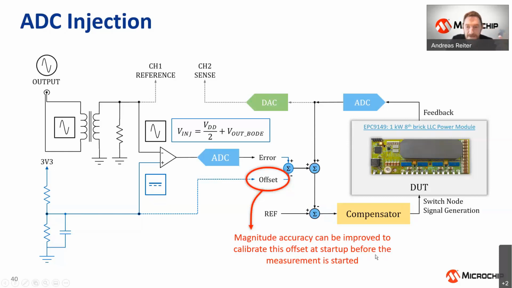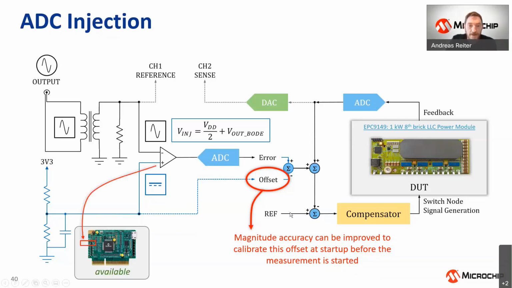So when the device starts up, it just oversamples that ADC input pin and averages a couple of samples to determine the real physical offset level of that signal, and uses this later on when you're performing this measurement. That op-amp circuit is already part of the DP pins. So if you're using one of those to perform this measurement, it's already available.